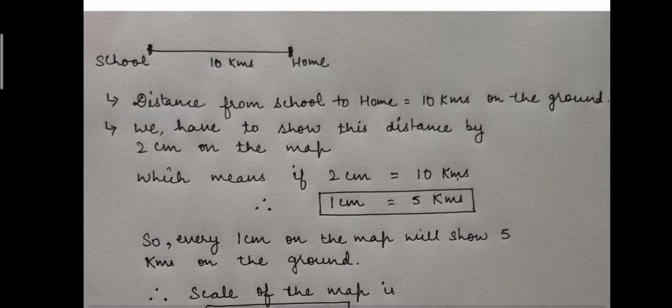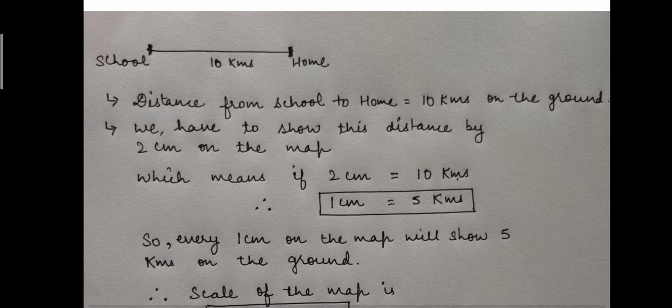Now, if we have to show this distance by 2 centimeters on the map, for example, if you are making a map and telling your friend that this is where my house is and this is where my school is, of course you are not going to draw the exact 10-kilometer line. You are going to shorten it as much as possible, so that the person understands and gets a fair idea that from here till here the distance is 10 kilometers.